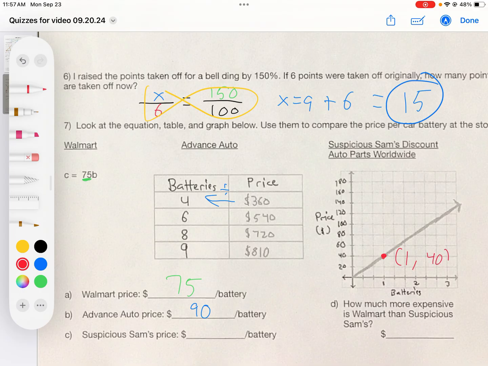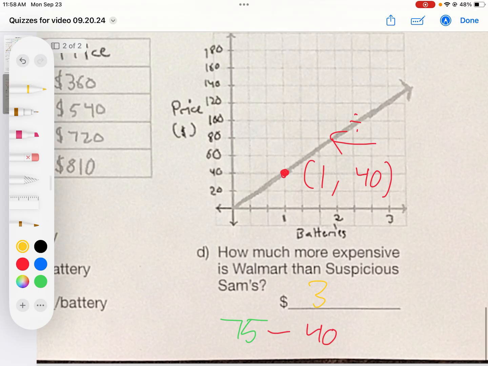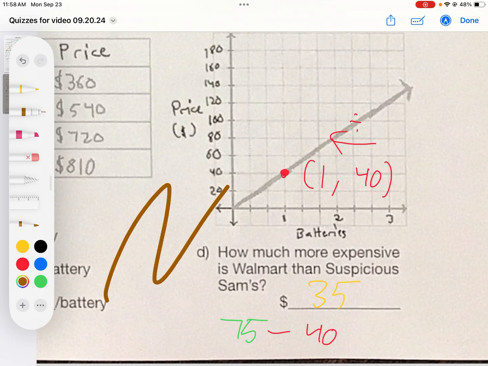X was 1, Y was 40. Y divided by X, right divided by left, however you want to think of it, is 40 divided by 1, which is just 40. And then D, how much more expensive is Walmart than Suspicious Sam's? Final answer for that one, $35.